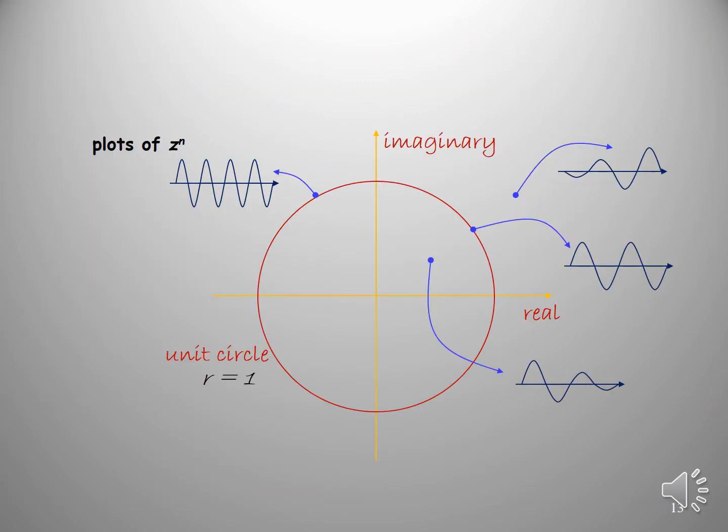Let us consider the plots of z power n at various points on the z plane in order to get an idea how each point would look like. Let us first consider the plot on the unit circle. It would look like a point here where it is a pure sine wave. We could also consider another plot which is lying somewhat inside the unit circle, resulting in a damped signal like this.